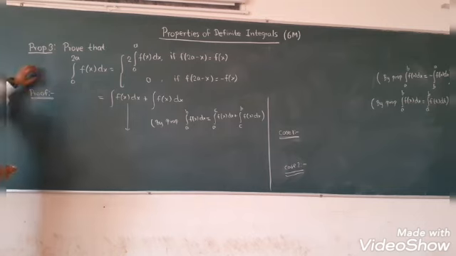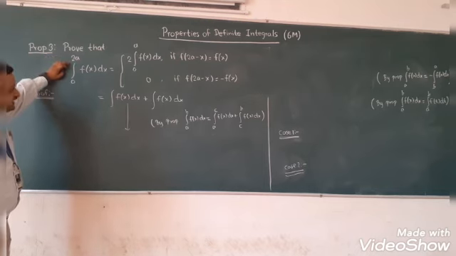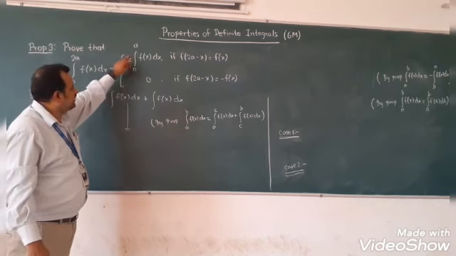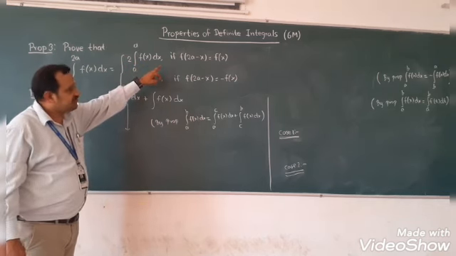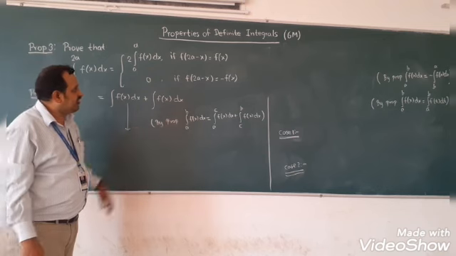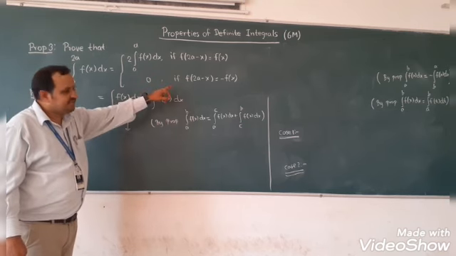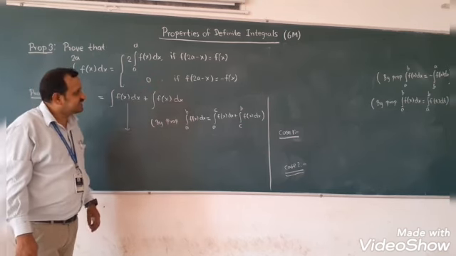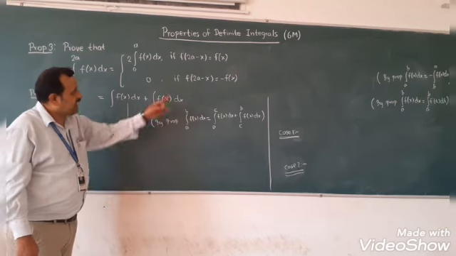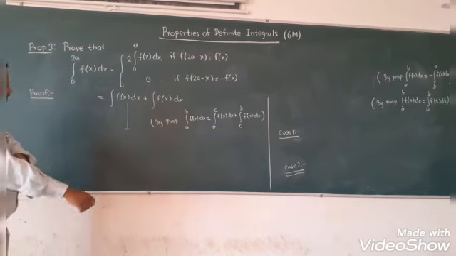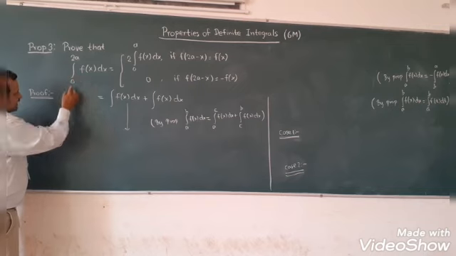Let us see the next property. Again very important property. Prove that integral 0 to 2a f of x dx is equal to 2 times 0 to a f of x dx if f of 2a minus x equal to f of x, and 0 if f of 2a minus x is equal to minus of f of x. Now see here. So I am taking this left hand side.